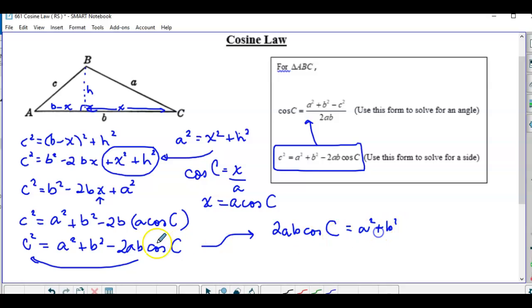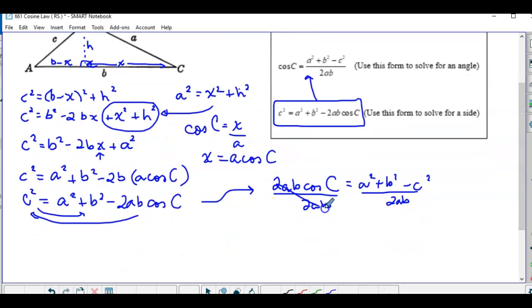Oh, sorry, a squared plus b squared. And then I'm going to subtract the c squared because I'm taking it to the right. And then I want to divide by 2ab. And there you go. You can see the other version. Those divide out. So I get cos of C equals a squared plus b squared minus c squared over 2ab.